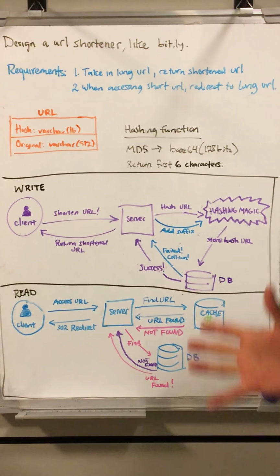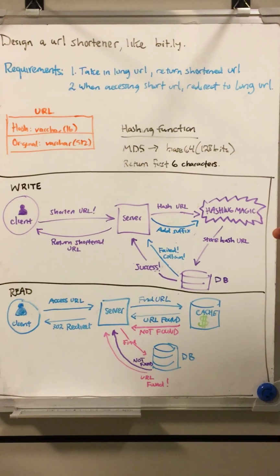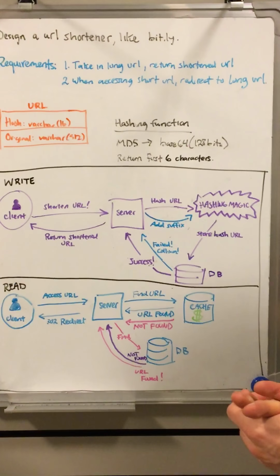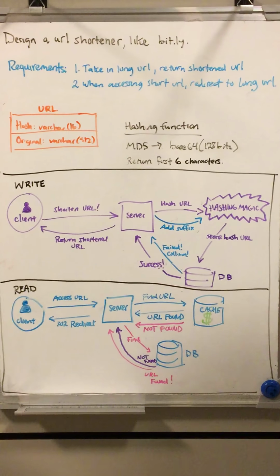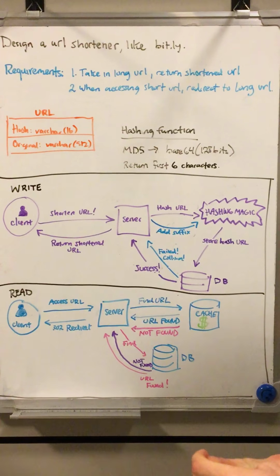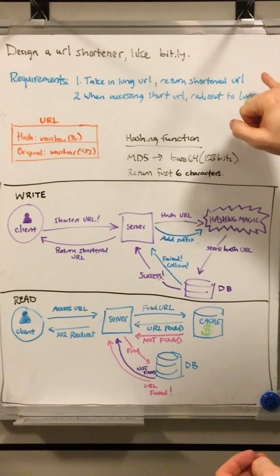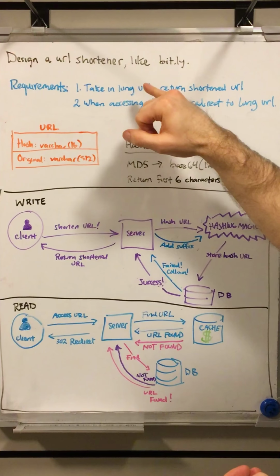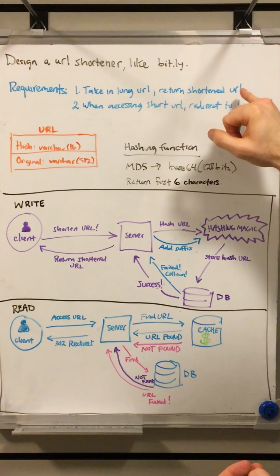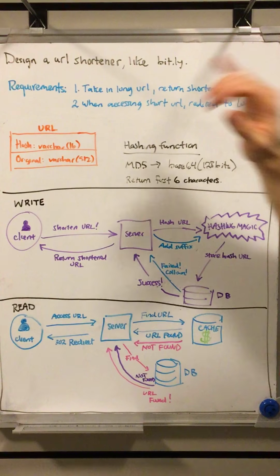Before I get into that, let me just talk about the bare bones essential thing that we need for this. We need to store essentially a hashed value for the long URL, which will be our shortened URL.